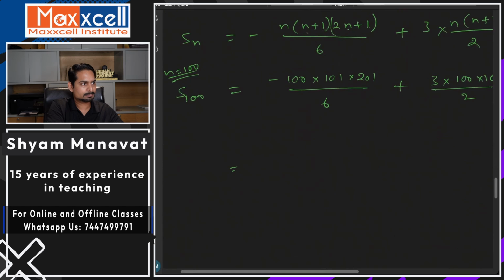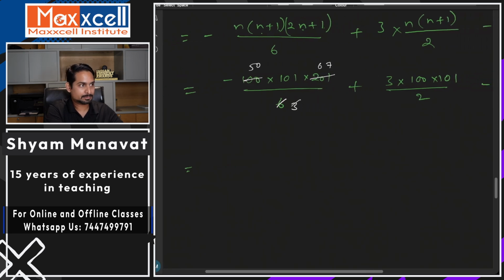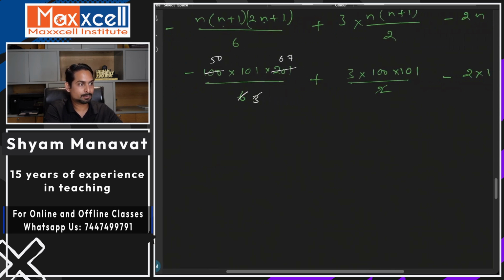Okay, calculation. Let's do the calculation also. 2 3s are 6, 3 6s are 18, and then you got 2, 7s are 14, so you got 250. Okay, and then this is simple.